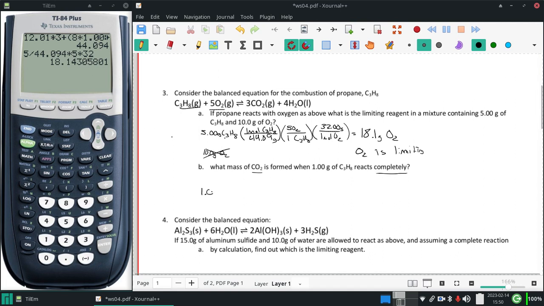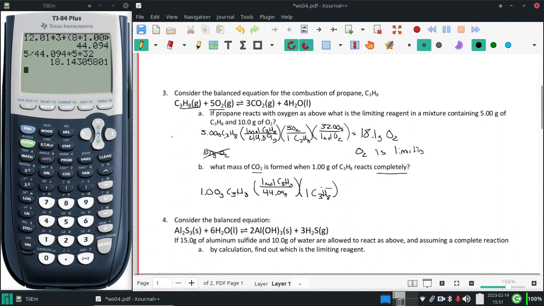So we're going to start with just the 1.0 gram of C3H8. And this setup is going to look very similar to what we have in A, in the sense that we're going to turn that into moles first of all. And similar to A, we're also going to have a stoichiometric conversion factor.